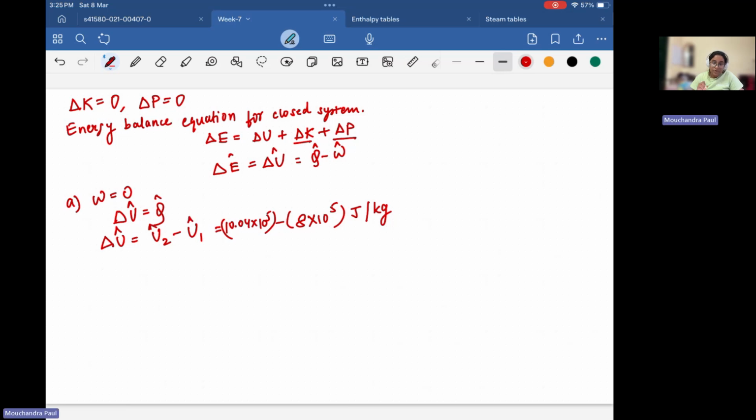So we should appropriately put a hat over the symbols as well. If you solve this expression, you should get 2.05 into 10 to the power 5 joule per kg. This is your heat transferred for 1 kg.